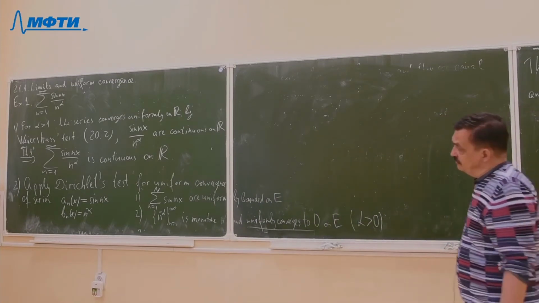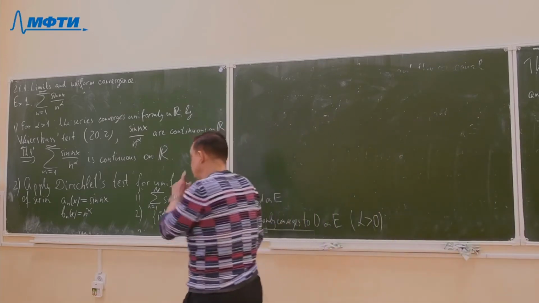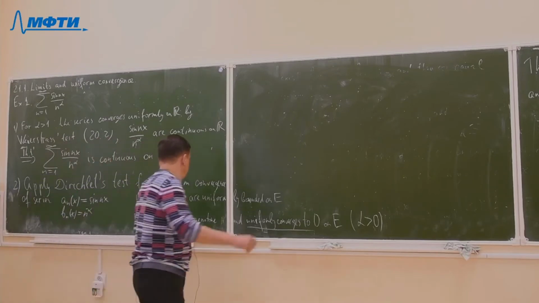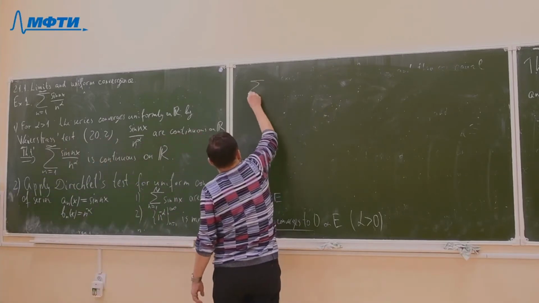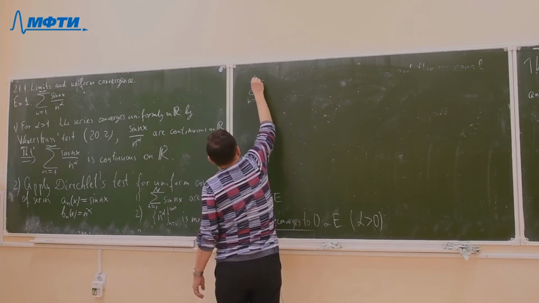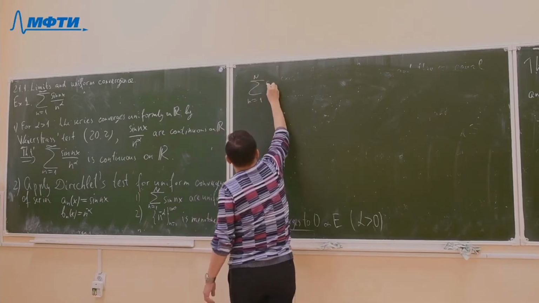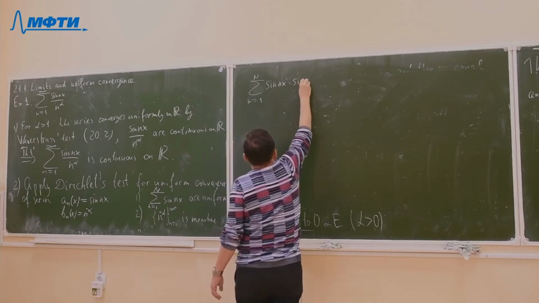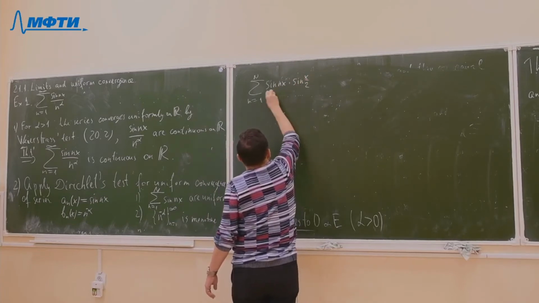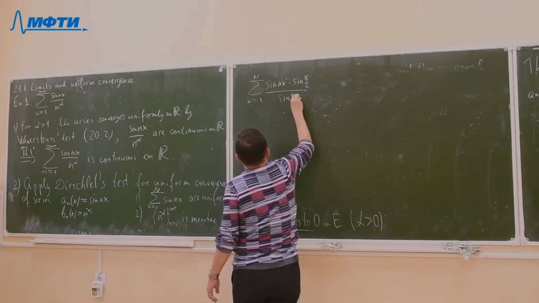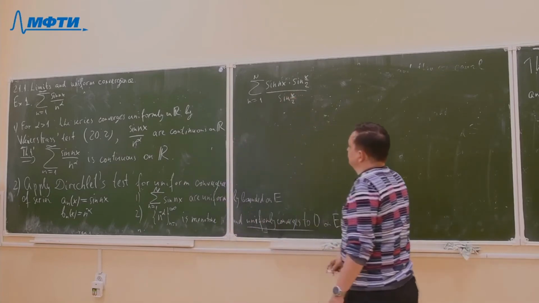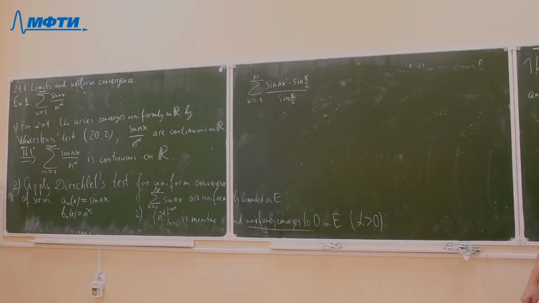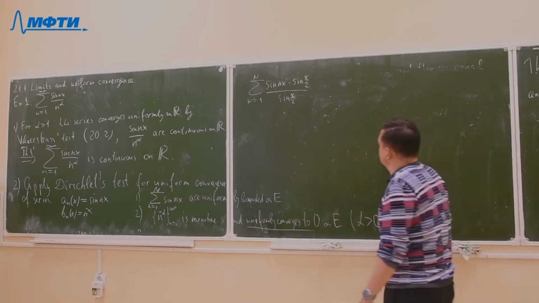Let me recall how we did it for usual convergence. We take sine x over 2 and we multiply and divide with this sine x over 2.